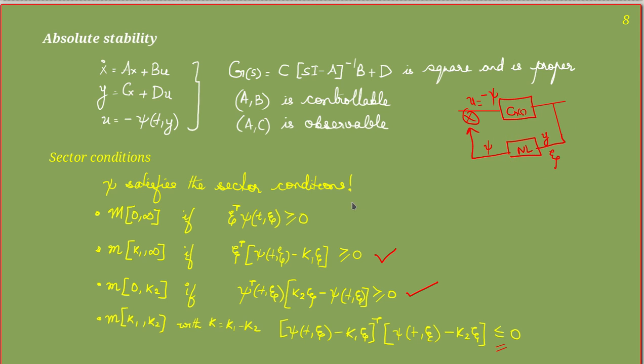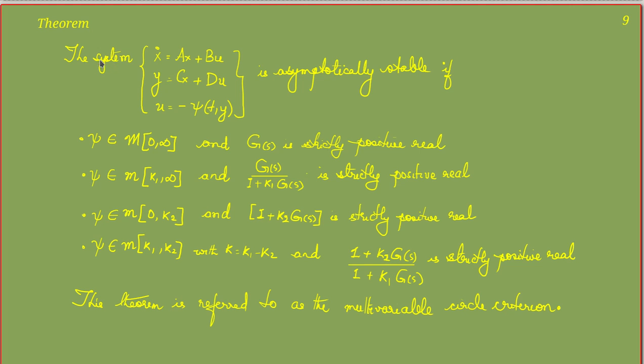So if these kinds of nonlinearities are connected to the system, when can the absolute stability be defined for the system? We have this theorem, which is based upon the loop transformations that we had done just now. If xi lies within the sector 0 to infinity, we have to check whether G(s) is positive real or not.